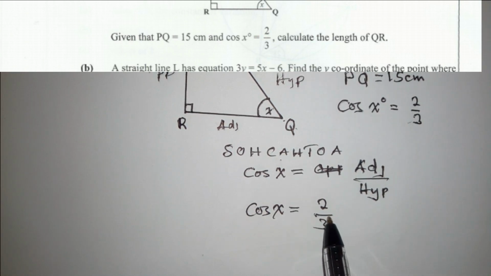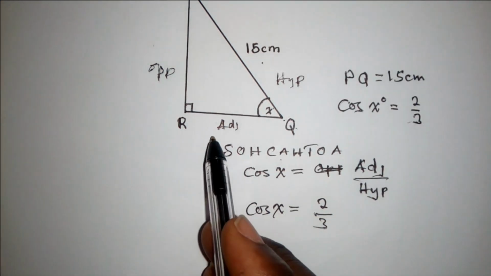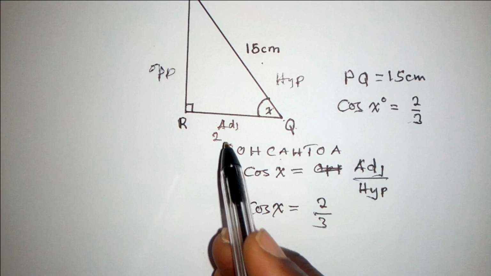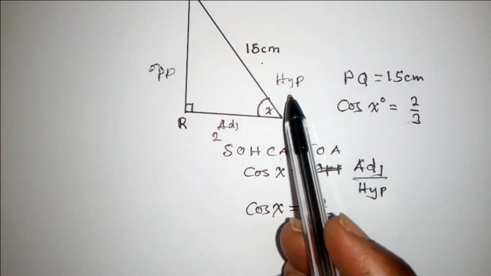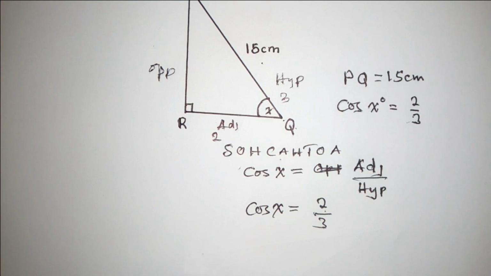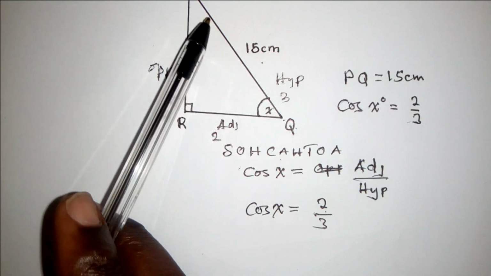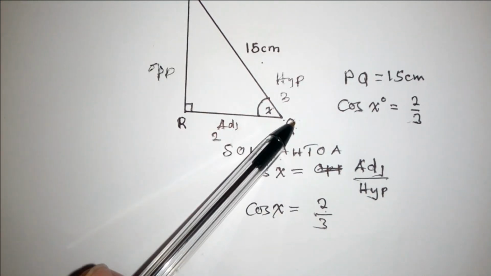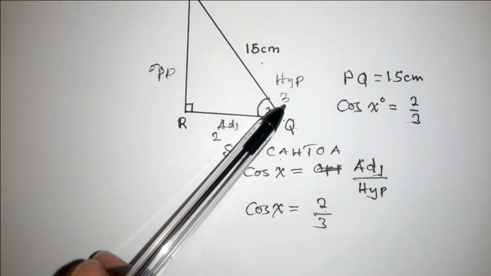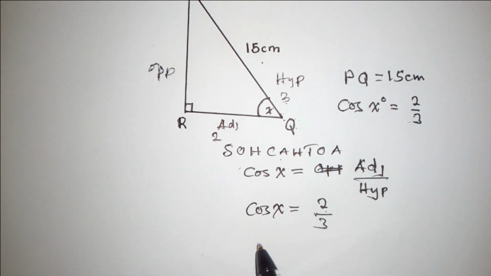Okay, so in this case, we'll put our 2 here. This is our 2, and our 3 is over here on hypotenuse. But they've said this is 15. So how can we make this 3 into 15? We just have to multiply it by 5.